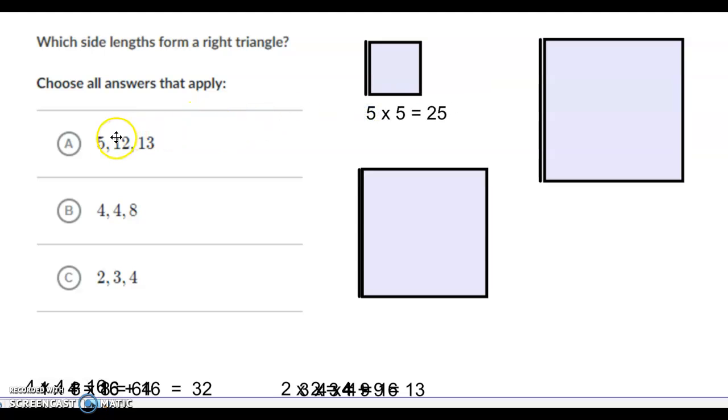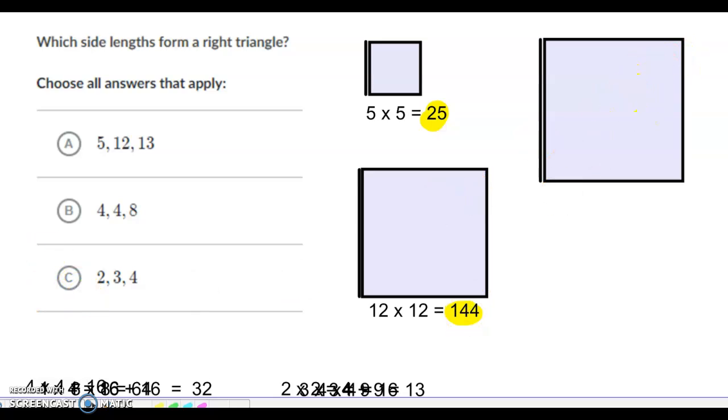That side length, the first one is 5, and so the area of that one is 25. 5 times 5 is 25. And then the next one is 12 units long, and so its area, 12 times 12, is 144. And so now I'm just going to look, do these two areas add up to the area of this one?